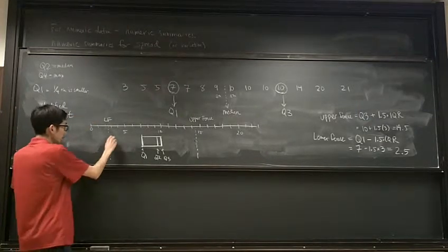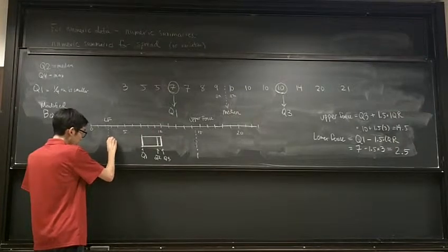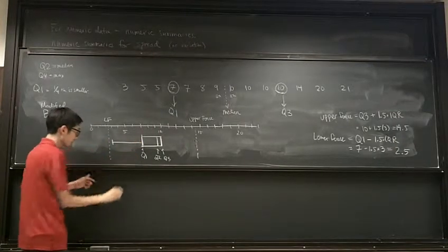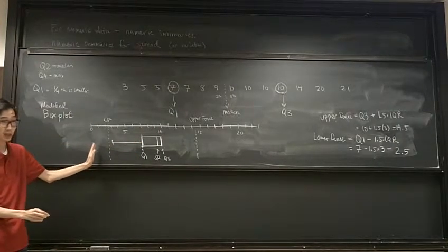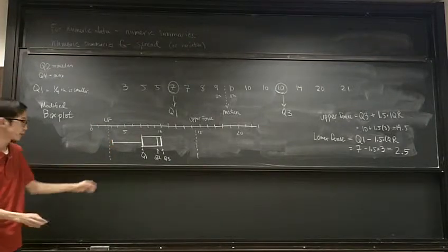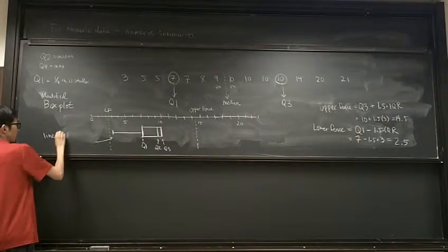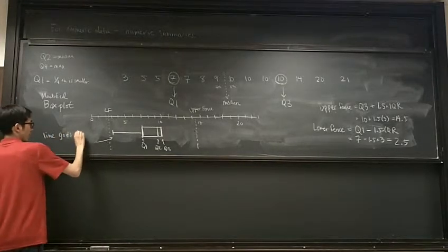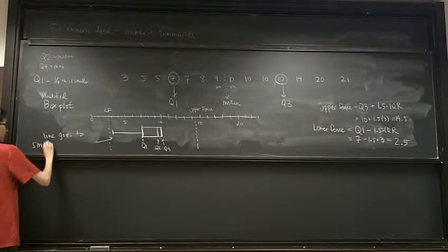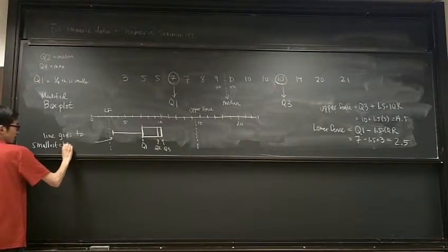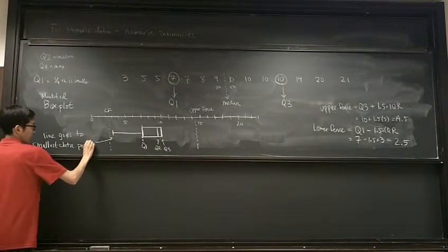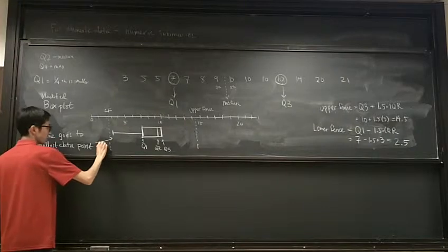So I draw a line that goes down to 3 and it stops at 3. I don't go all the way to my lower fence. The line goes to the smallest data point within the fence.